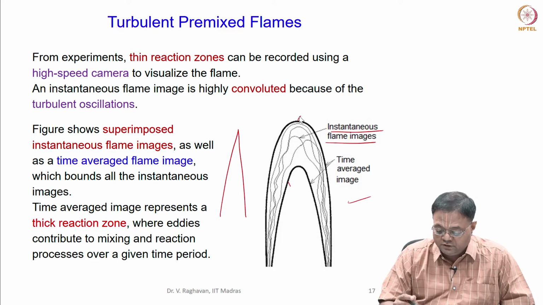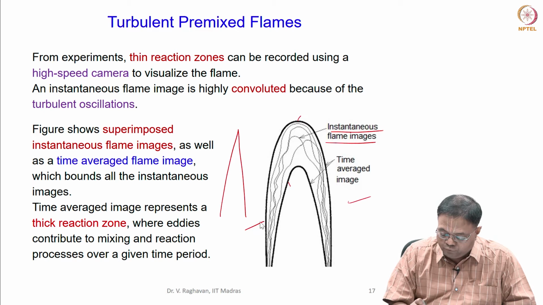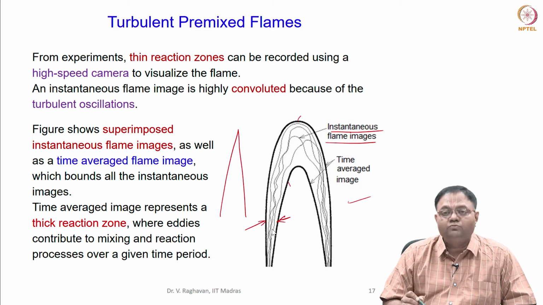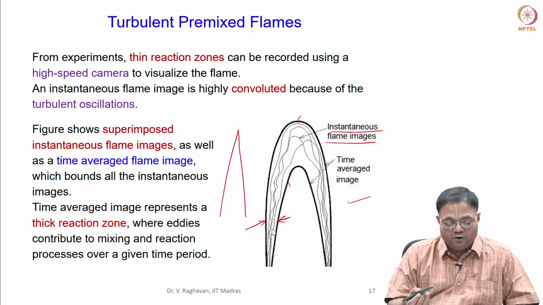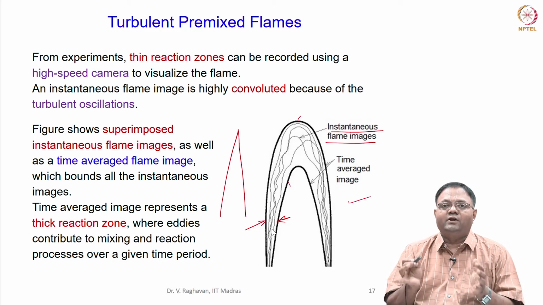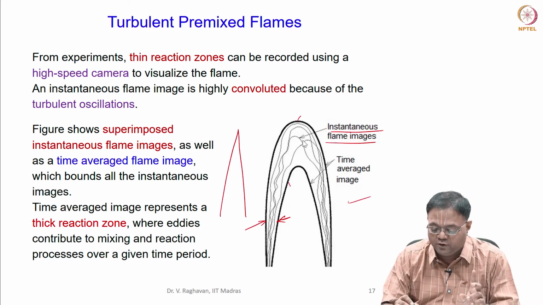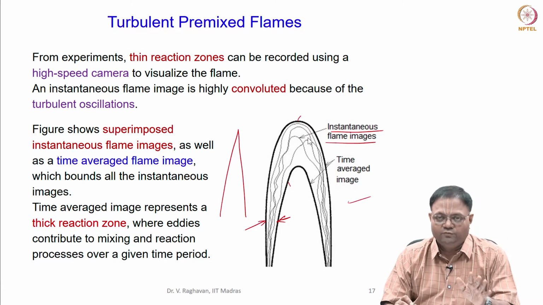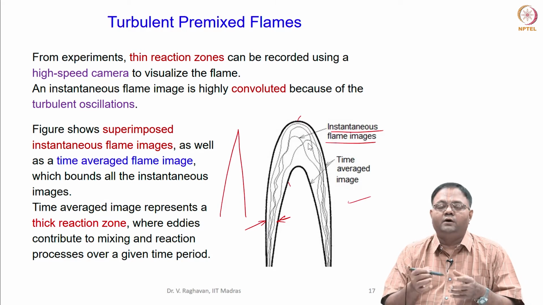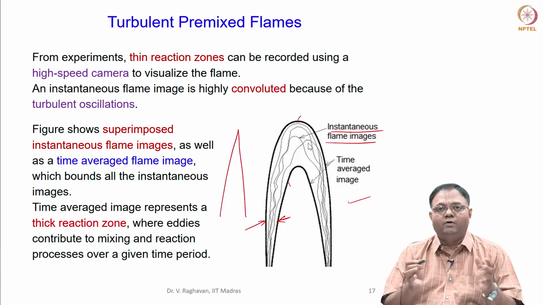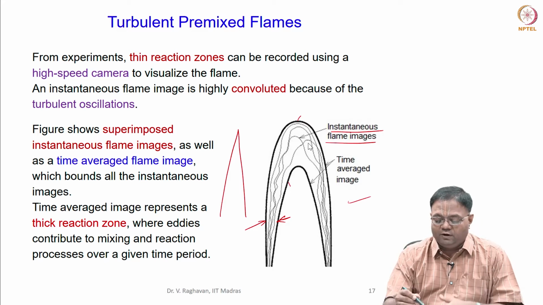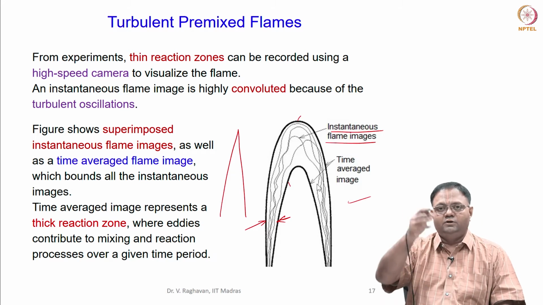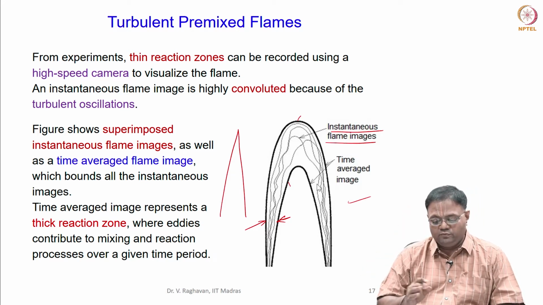So this is a thick zone, which is the time averaged picture. At a particular time instant you get a reaction zone which is thin, and when you take instantaneous flame photographs continuously, you get several instantaneous flame images.